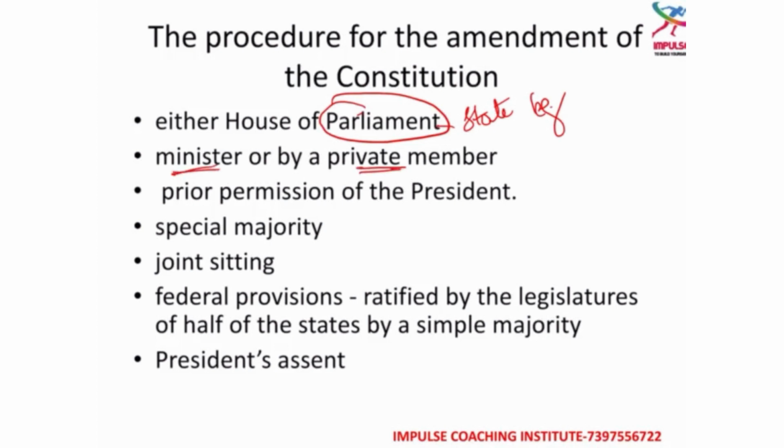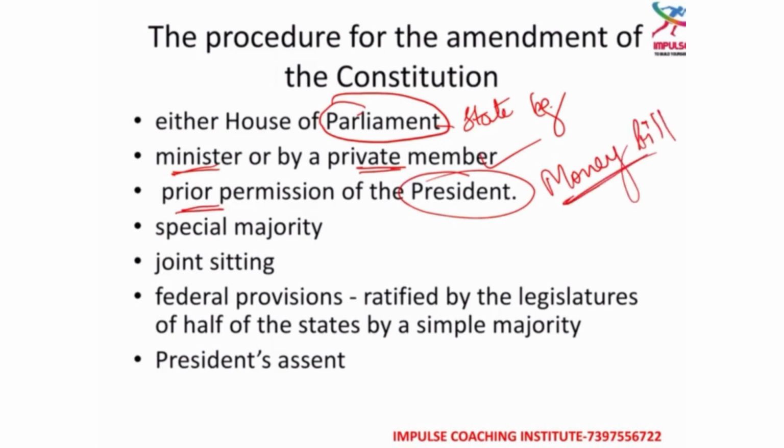And the bill can be introduced either by a minister or by a private member. So anybody can introduce it. This bill does not require the prior permission of the President. All of you know, a money bill requires the prior permission of the President, but a Constitutional Amendment Bill does not require the prior permission of the President.